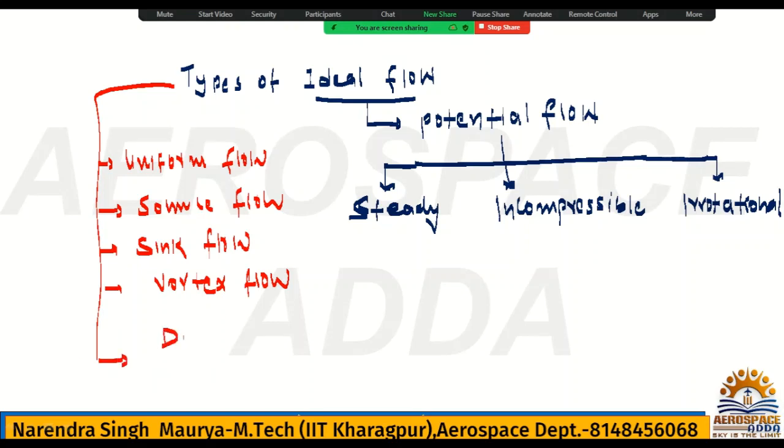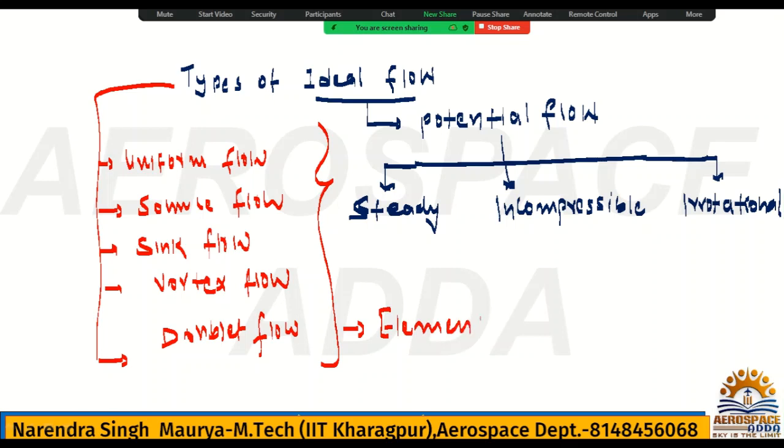So here I am writing this doublet flow. Why am I writing this doublet flow in the category of elementary flow? I will tell you. This is the elementary potential flow, elementary flow.